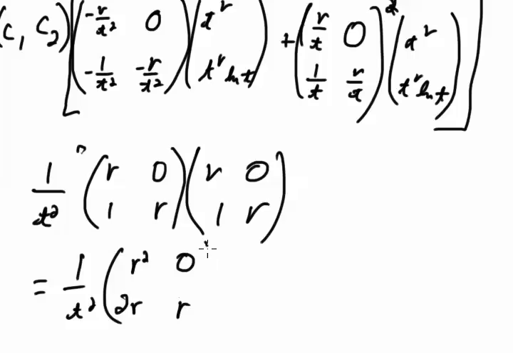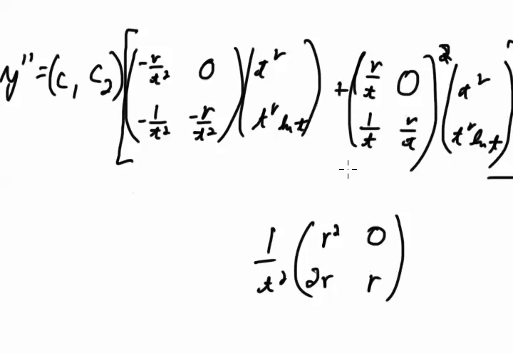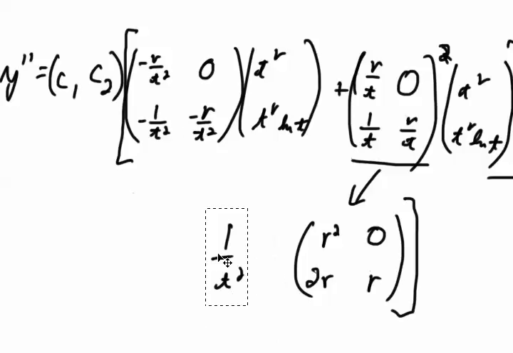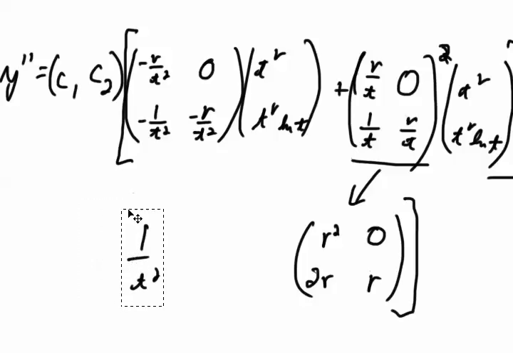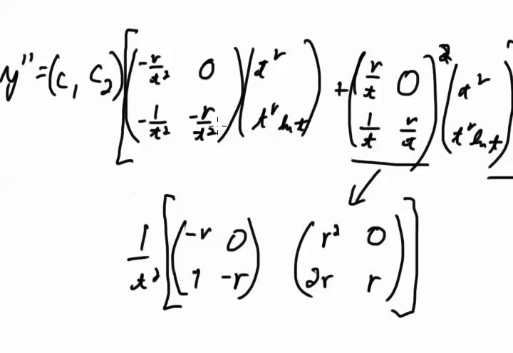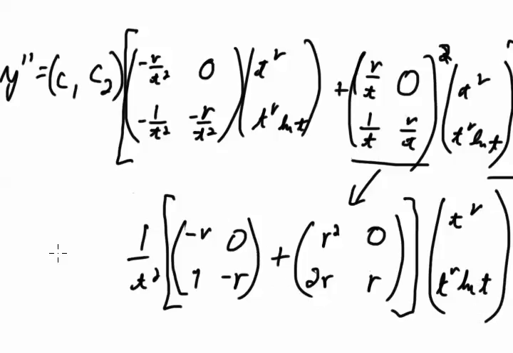So now that I have squared this term and it gives me that, let's separate this out. This has a 1 over t squared in it too, so let's bring that out, and we'll have a bracket with negative r, 1, negative r, 0 plus that, times what's out here, t to the r natural log of t, and we'll still have our c1 and c2 in here.